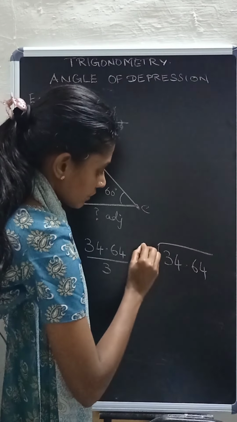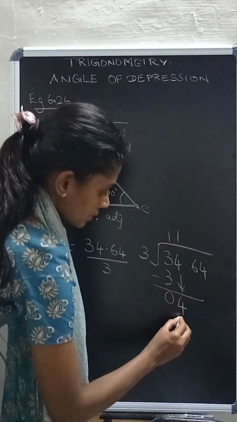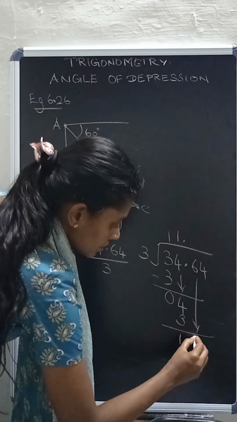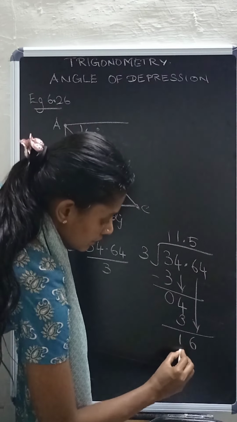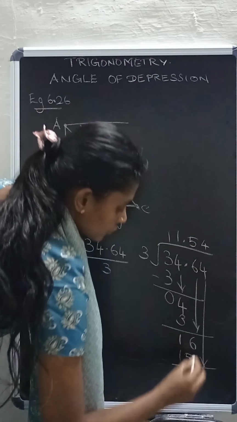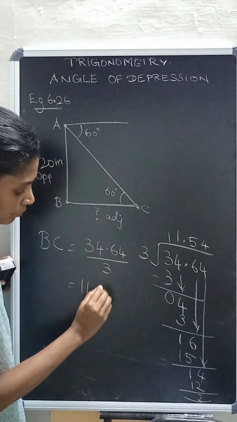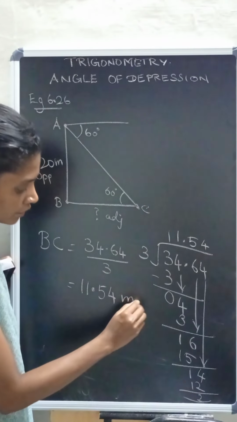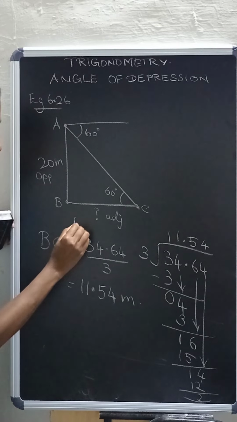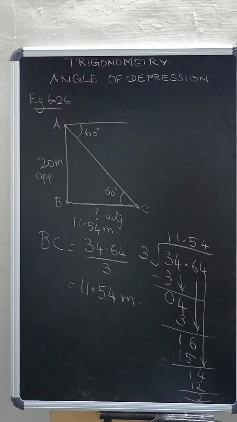Here the point is there, so keep the point here. 3 5s are 15, balance 14... 3 4s are 12, so remainder is 2. So it is 11.54 meters. So the distance between the foot of the tower and the ball is 11.54 meters. We can stop with 2 decimal points.